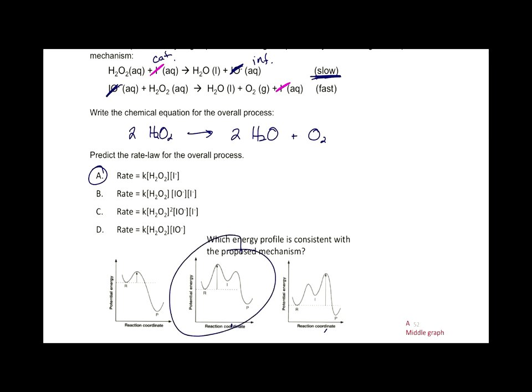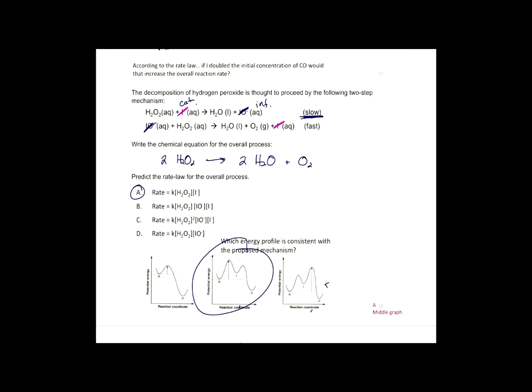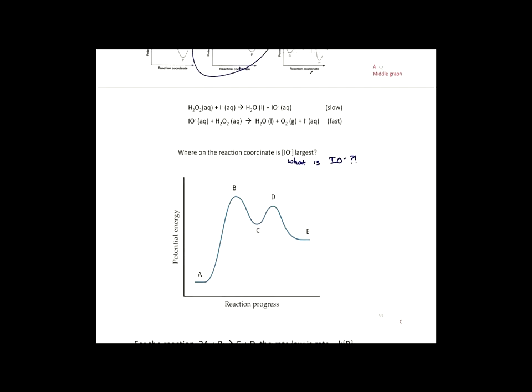Yes, the middle one, right? Because in the middle one, the first step has the biggest hill. The second step has a small hill. So that is related to a slow first step, fast second step. So it's not the third one, because that would equate to a fast first step, slow second step. All right. Okay, so that's what this one would look like.